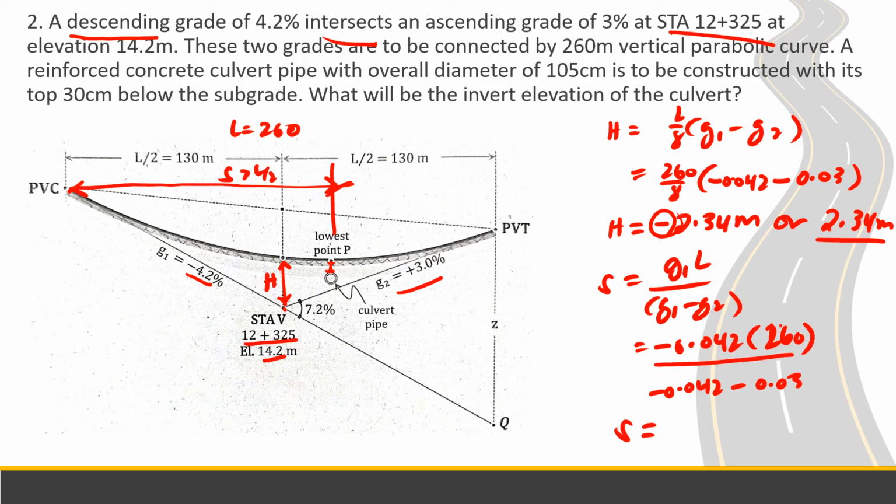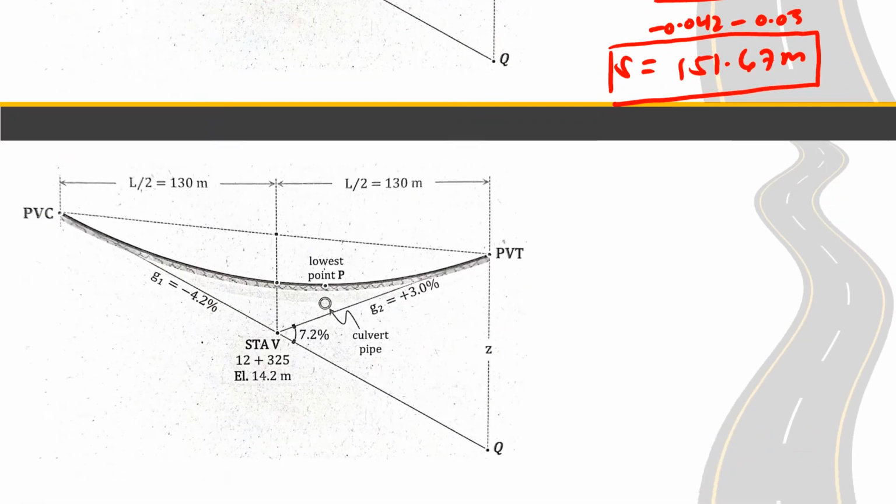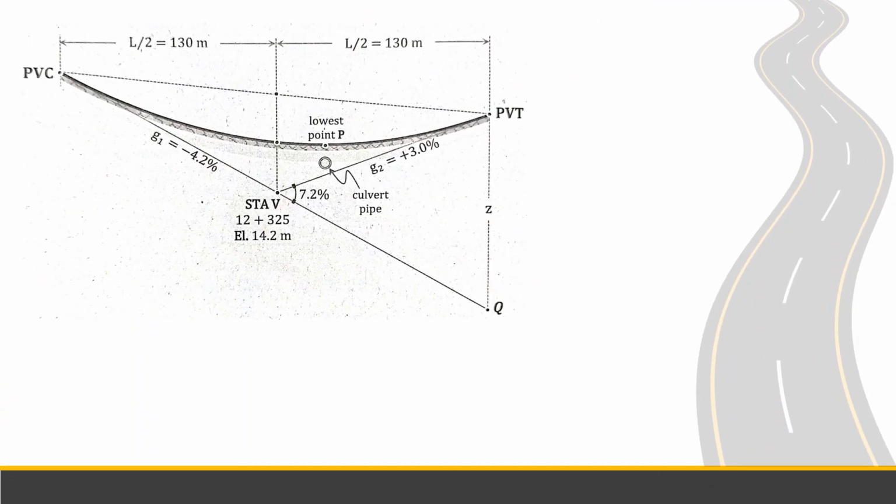So S, the location of the lowest point of the curve, is equal to 151.67 meters from the PVC horizontally. Now we have H, and we also have S.